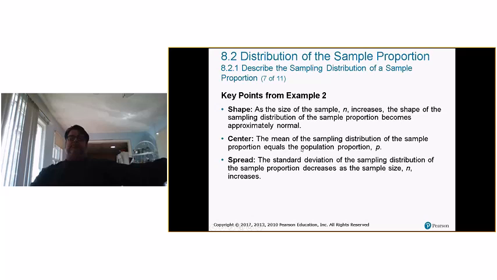Write that down. And then the standard deviation of the sampling distribution decreases as the sample size n increases.